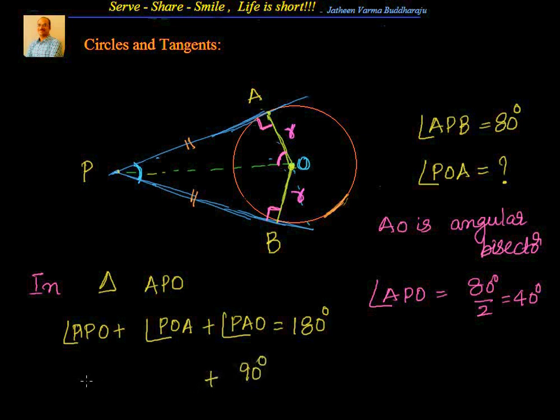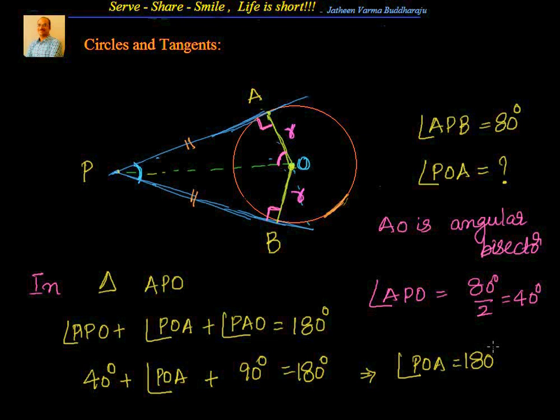We also know angle APO is equal to 40 degrees. 40 degrees plus angle POA plus 90 degrees equal to 180 degrees. You simplify that. Angle POA is equal to 180 degrees minus 130 degrees, which is nothing but equal to 50 degrees. So angle POA is equal to 50 degrees.